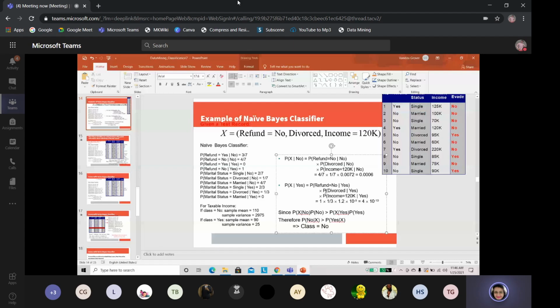P divorced given yes is 1 by 3. And income 120K given yes is computed as 2 into 10 raised to minus 9 using that formula. So you got 4 into 10 raised to power minus 10, and this was computed at 0.0006, which obviously is higher. This is higher, so your class will be no.